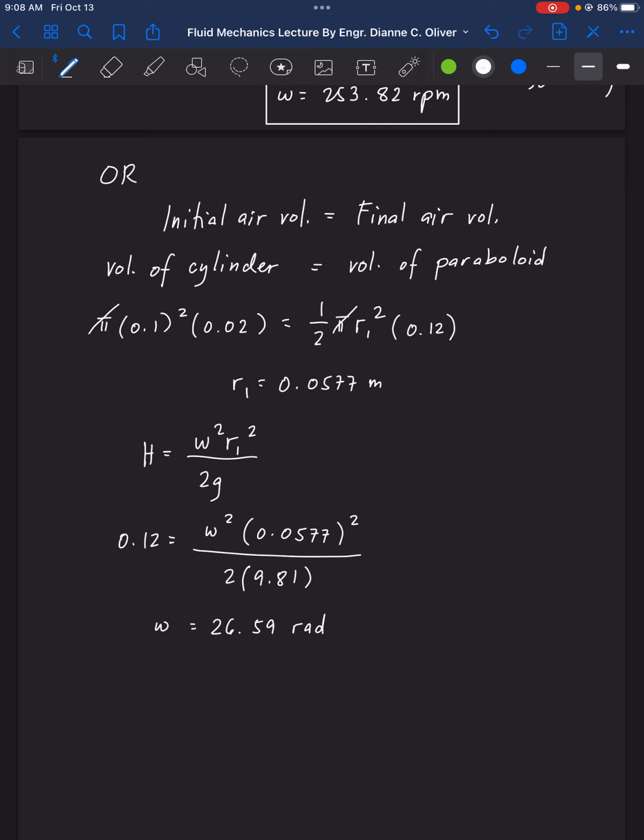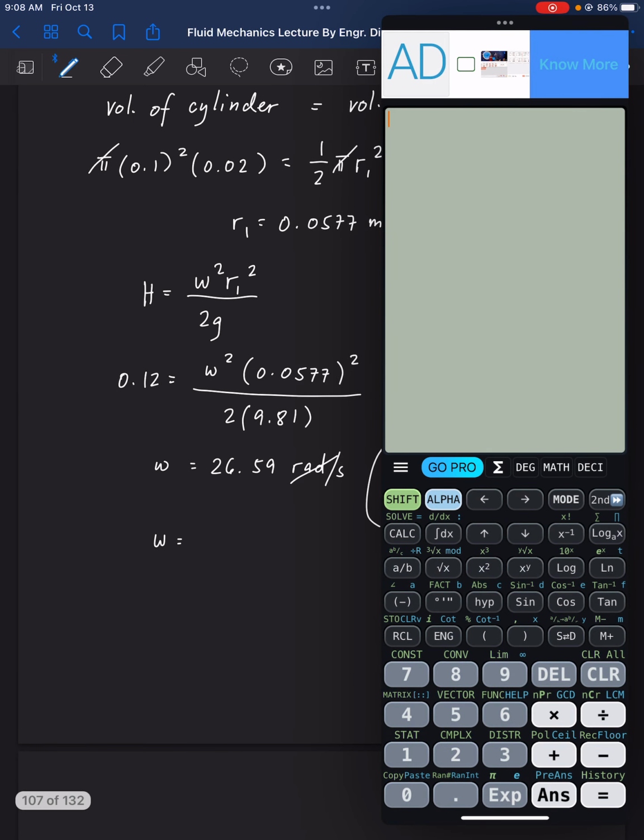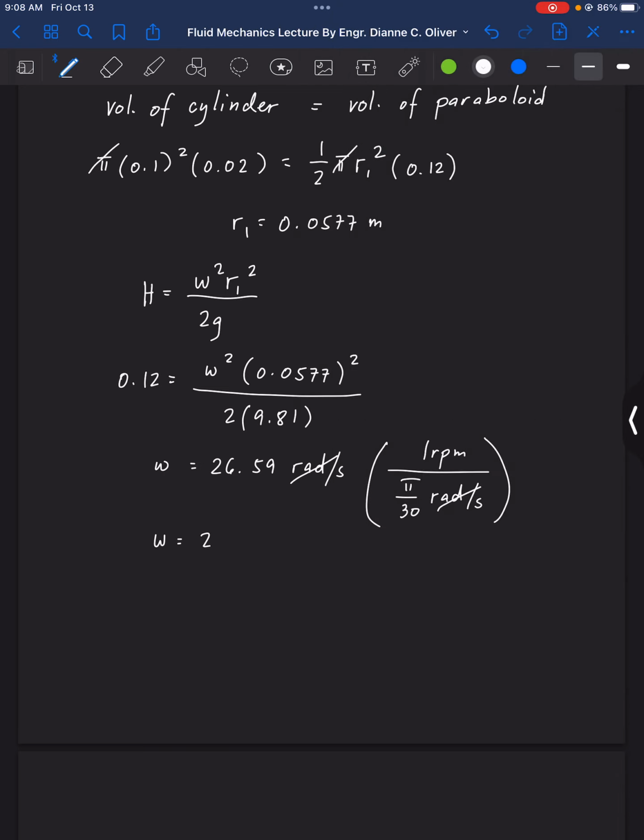26.59 rad per second, and multiply that with 1 RPM is pi over 30 rad per second. Cancel rad, so we now have omega equal to 26.59 times 30 over pi, which is 253.92 RPM.